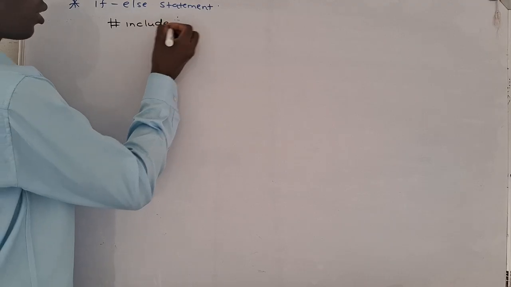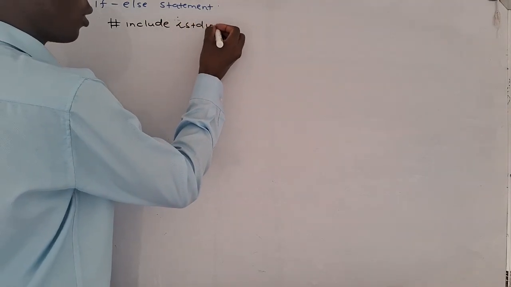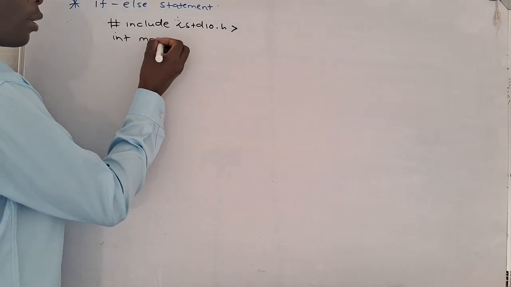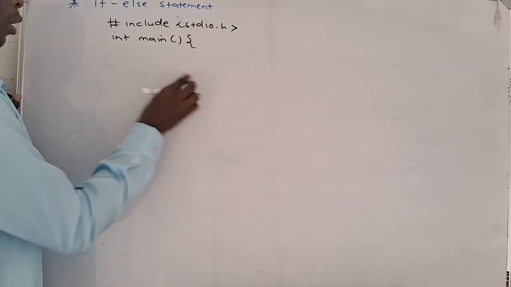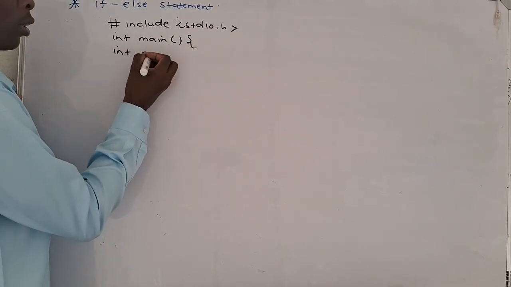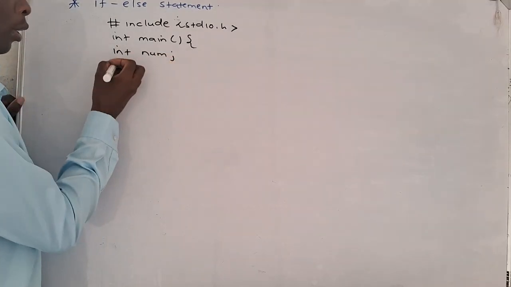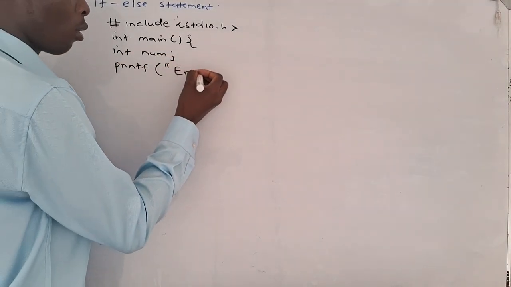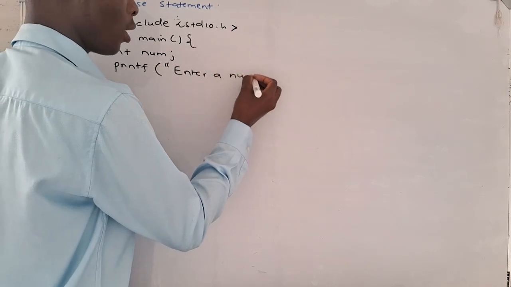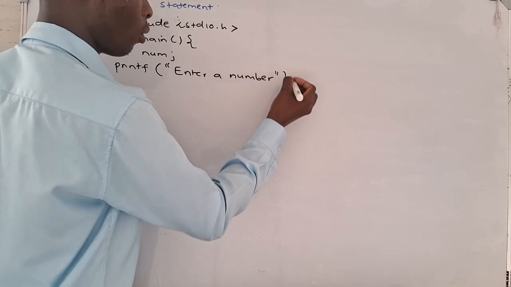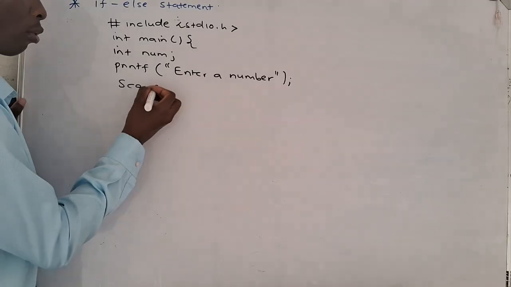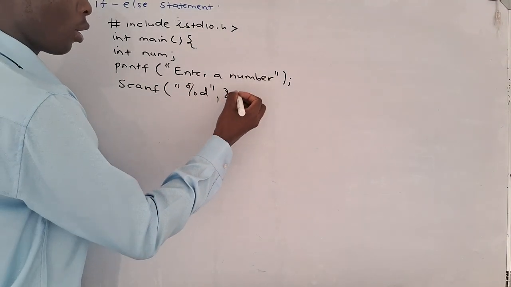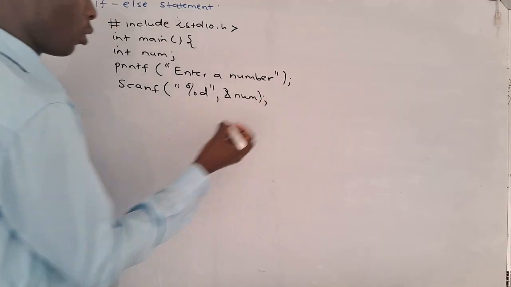#include <stdio.h>, int main. Here we are going to say int num. printf "Enter a number". scanf "%d", &num.